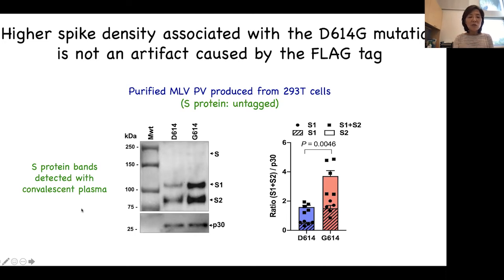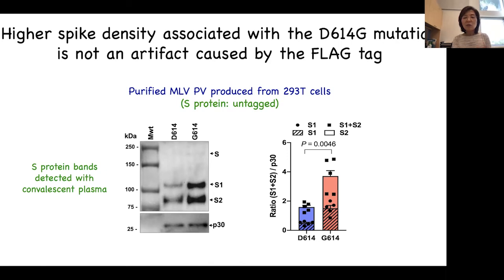By the way, even though I ate up a lot of my time, I have to make one point. A lot of COVID patient serum do not recognize S1. Most of them recognize S2 very well, but not S1. This already tells us that this SARS-2 virus does not have much S1 on its surface.